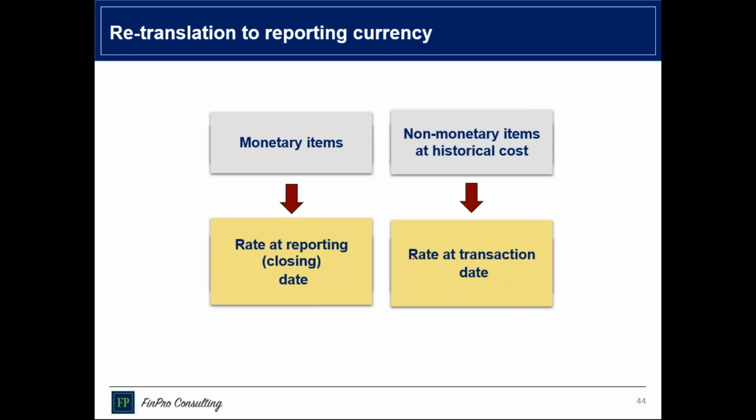So that $50 is treated as a non-monetary item, and I will not subsequently revalue that $50. It will be considered as a non-monetary item, and whatever is the translation amount of that $50, it would straight away be added as a cost of my fixed asset when the fixed asset possession is received and the ownership is transferred.